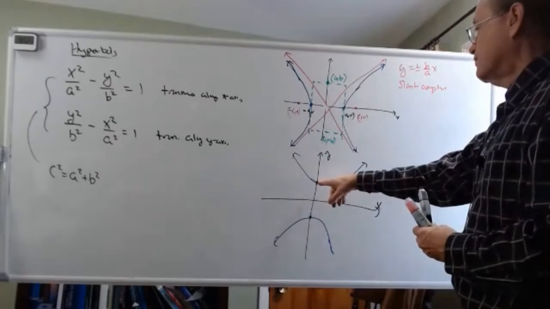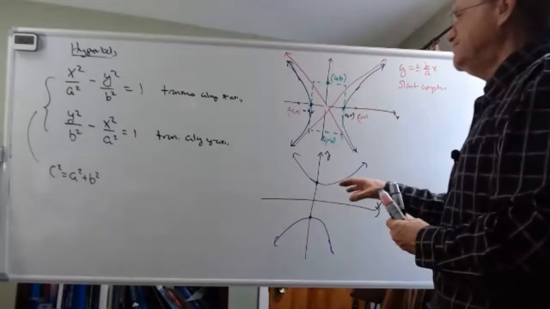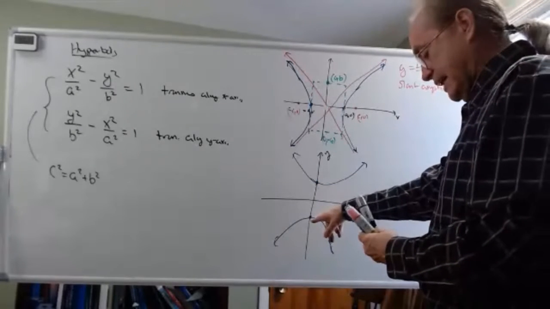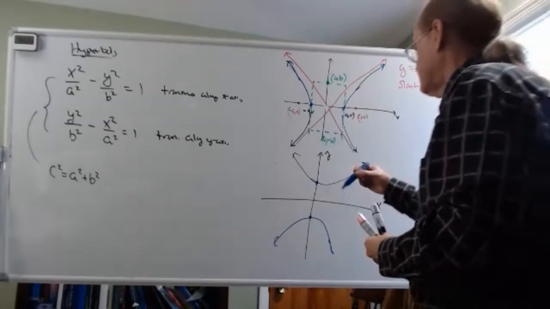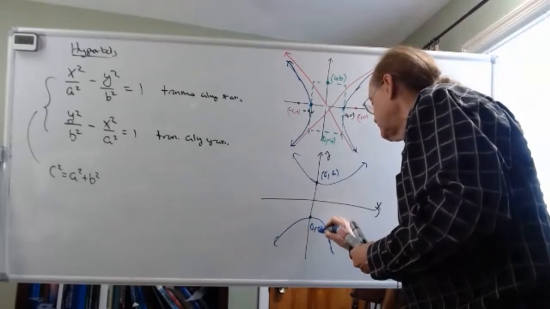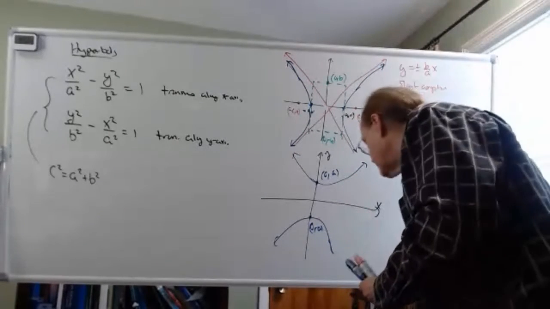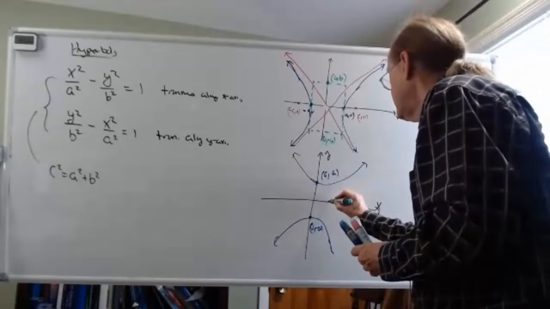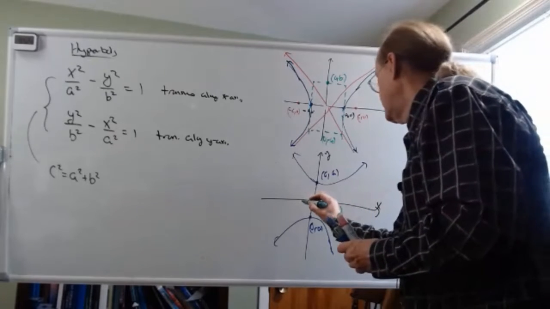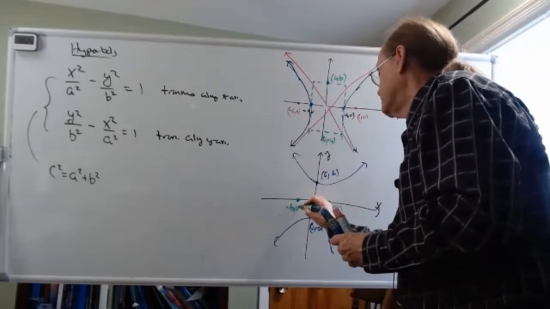And I draw my box over here. So this is my A, and depending upon how I want to set this up, this is still going to be A. That's going to be B. So let's put this over here as 0 comma A, 0 comma minus A. And if I put my B values somewhere here, there's a B comma 0, and I'll try to get it as symmetric as I can, minus B comma 0.